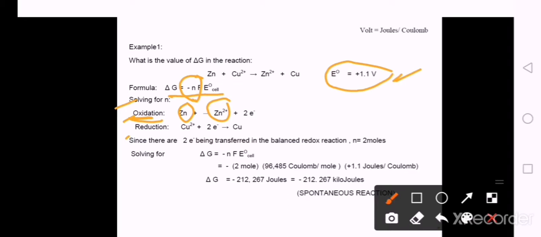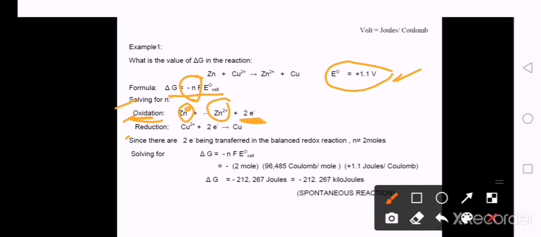Pag loss of electrons, dito tayo mag-a-add sa product side ng electrons, so as to balance the charges. Kasi dito sa reactants, 0 ang kanyang charge, tapos dito naman sa product, positive 2. Saan natin i-add yung electrons na merong negative charge at ilan?